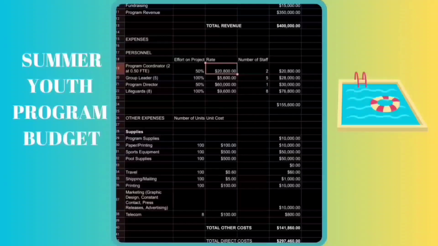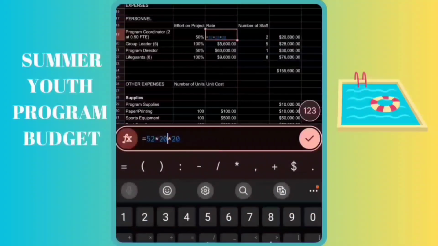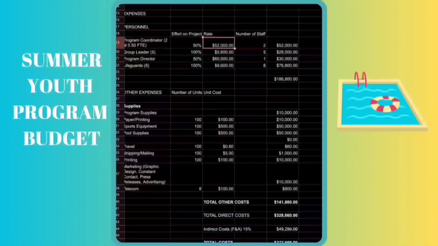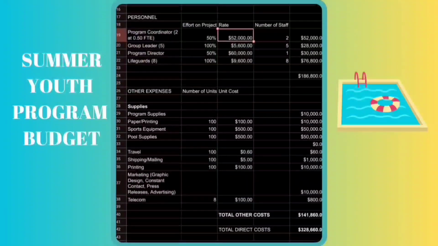Well, we've been reducing some of the costs, but the program income now is going to be even higher. So we're looking at trying to be realistic. Program coordinators, we put them in as full-time. There's 2 of them, but then they're 50% effort.